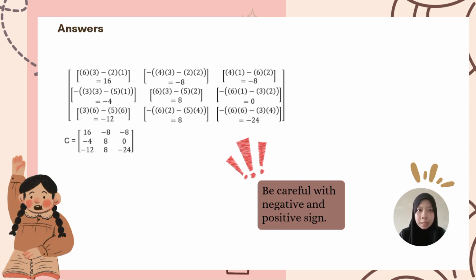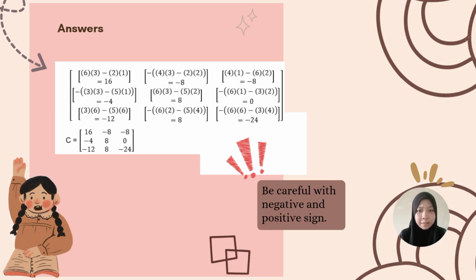After performing all the subtractions and applying the negative sign where necessary, we get our complete cofactor matrix C. The values are, in the first row, 16, negative 8, and negative 8. Second row, negative 4, 8, and 0. Third row, negative 12, 8, and 24. Please double check your signs here as this is where most mistakes happen.